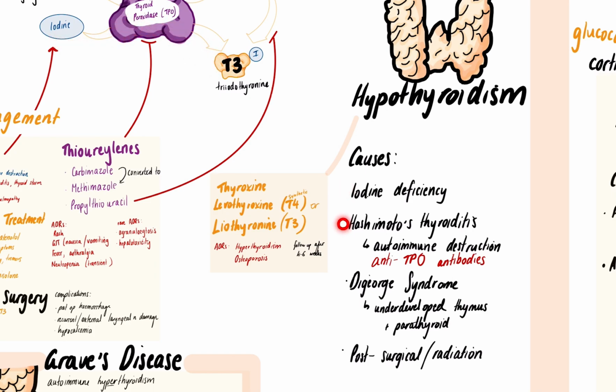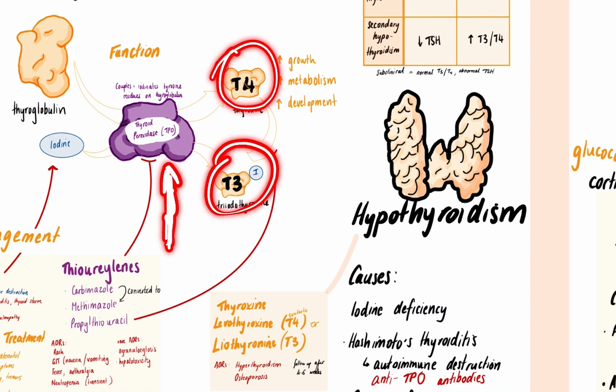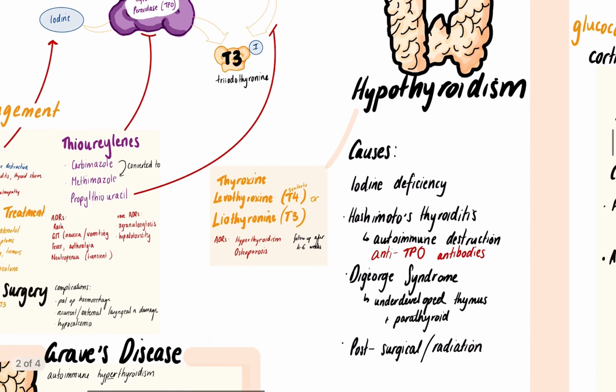Hashimoto's thyroiditis, which is an autoimmune destruction of the thyroid due to anti-thyroid peroxidase antibodies. So antibodies against this protein here, again, reducing your ability to produce T3 and T4. You can also get it in DiGeorge syndrome, which is due to a congenital underdeveloped thymus and parathyroid, which leads to a congenital hypothyroidism. And you can also get it post-surgically.